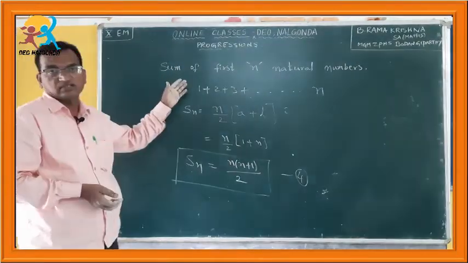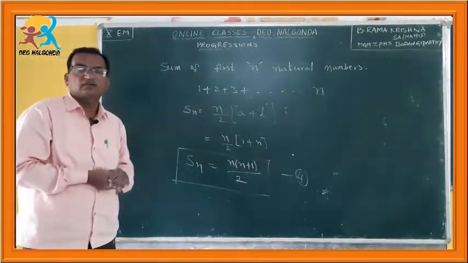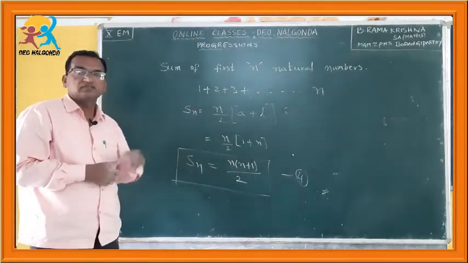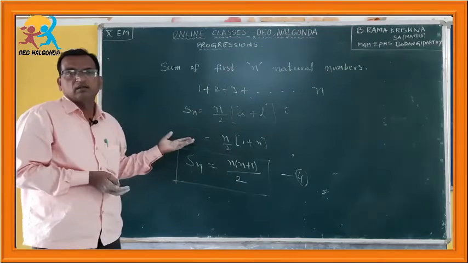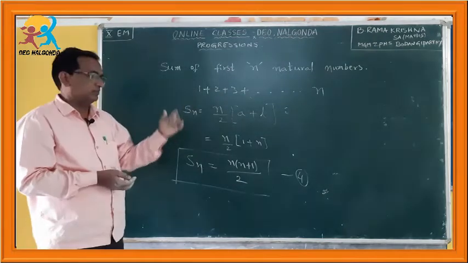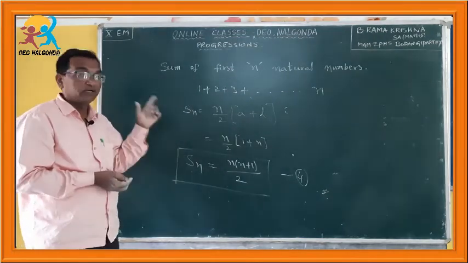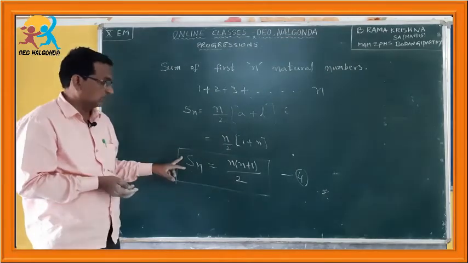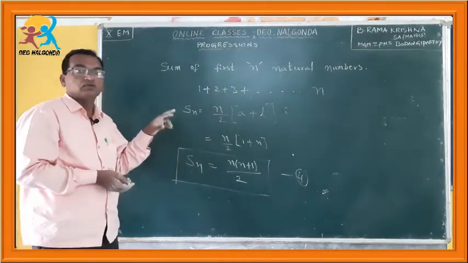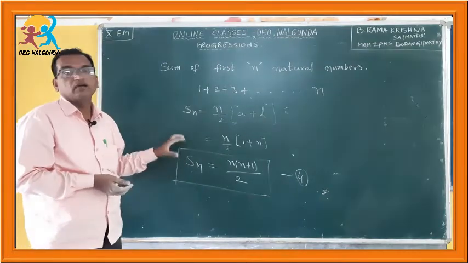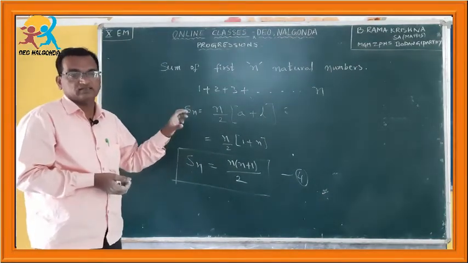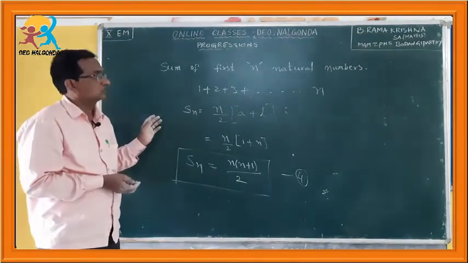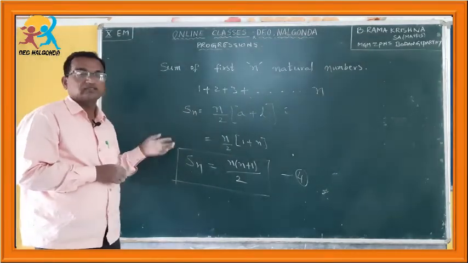This is another formula, the fourth formula. When situations are given such as the sum of the first 10 natural numbers, first 100 natural numbers, or first 1000 natural numbers, you can use this formula for the sum of the first n natural numbers. I think you understood this concept.